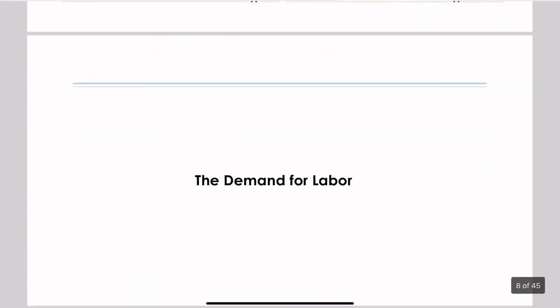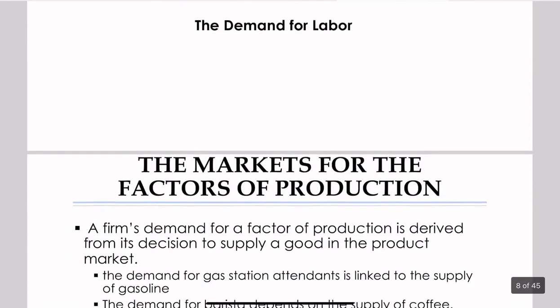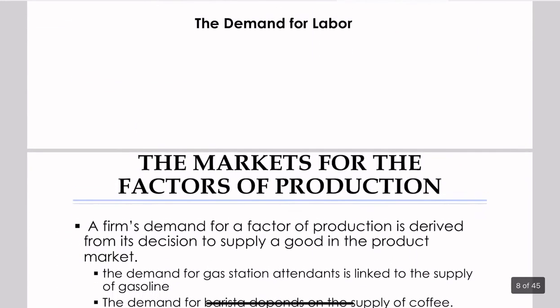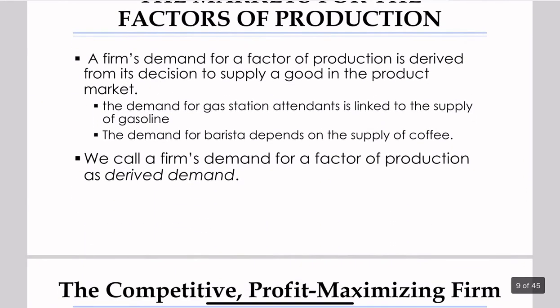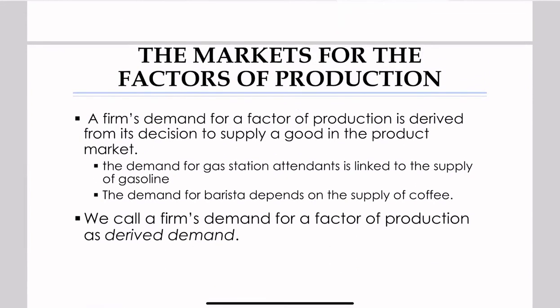Okay, now to understand this market equilibrium, let's first try to understand the demand for labor. So first, what determines the demand for labor? That's our question here. A very obvious answer is that firms demand labor, right? Firms demand factors of production.